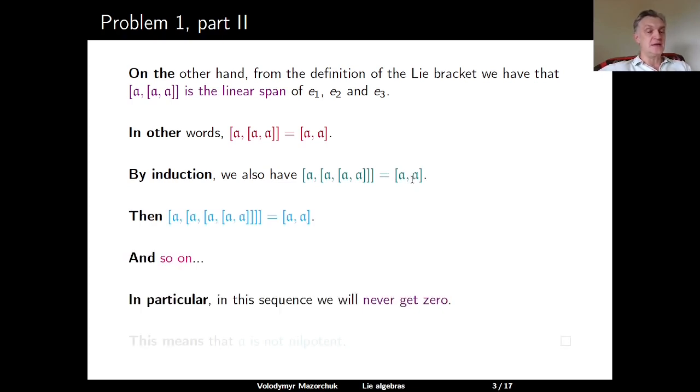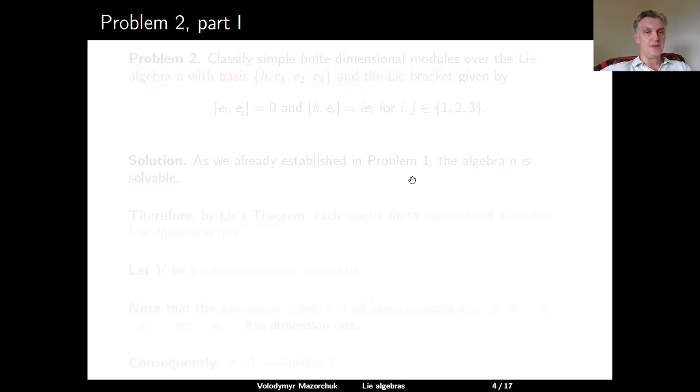This means that in this sequence we will never get a zero space, which means that our Lie algebra A is not nilpotent. This completes the solution of problem 1.